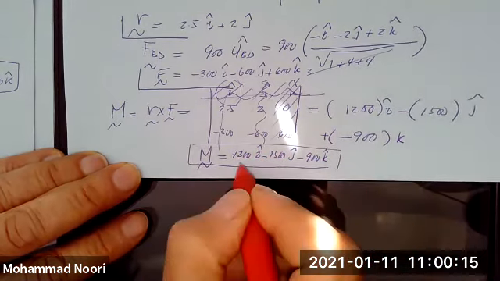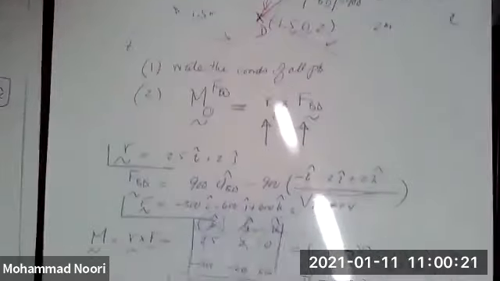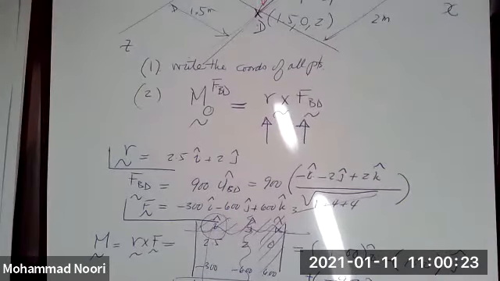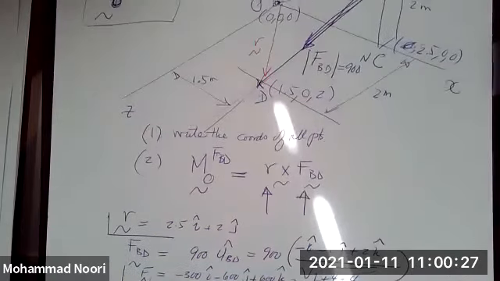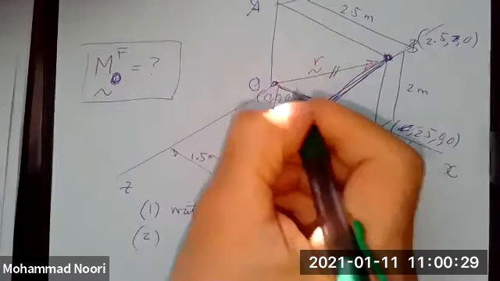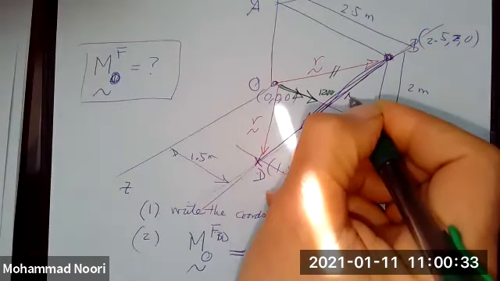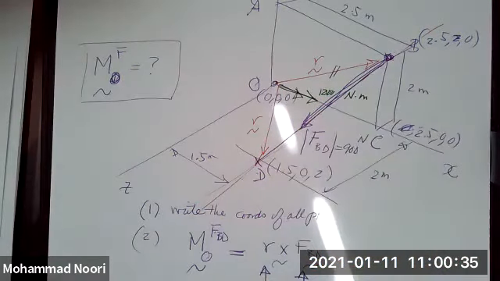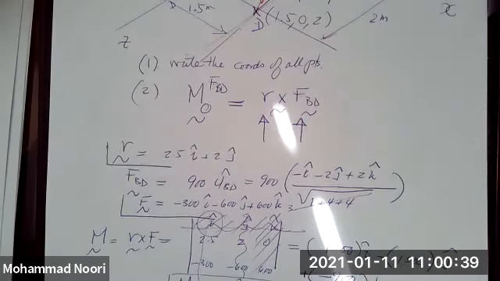What does that mean? That means this moment of this force about O causes a positive rotation about X. If I want to show that with a double-headed arrow, this is a 1200 Newton meter rotation. Rotation about Y is negative.